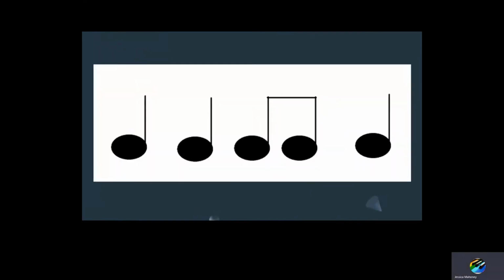So now we're going to try a couple of rhythms together. Actually, it's more like a lot of rhythms. I would like you to please find something to play rhythms with. I'm getting my 2 rhythm sticks so I can tap them together.